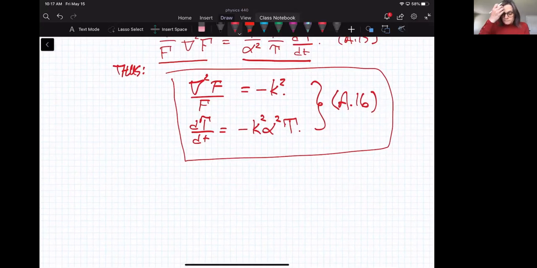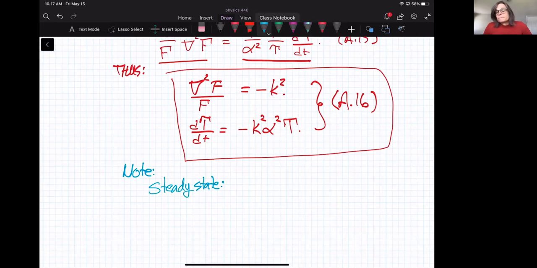And we can see right away that, well, a couple of things, right? So first off, what happens if this is steady state? So there are going to be a couple of things to notice. For steady state, what can we say? dT dt equals 0. Right, so dT dt equals 0.